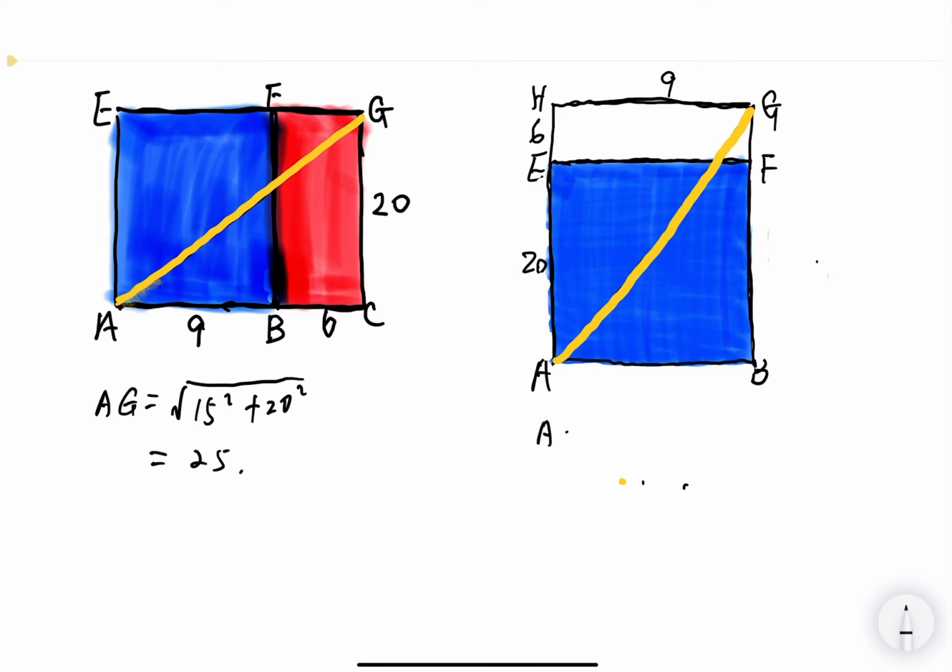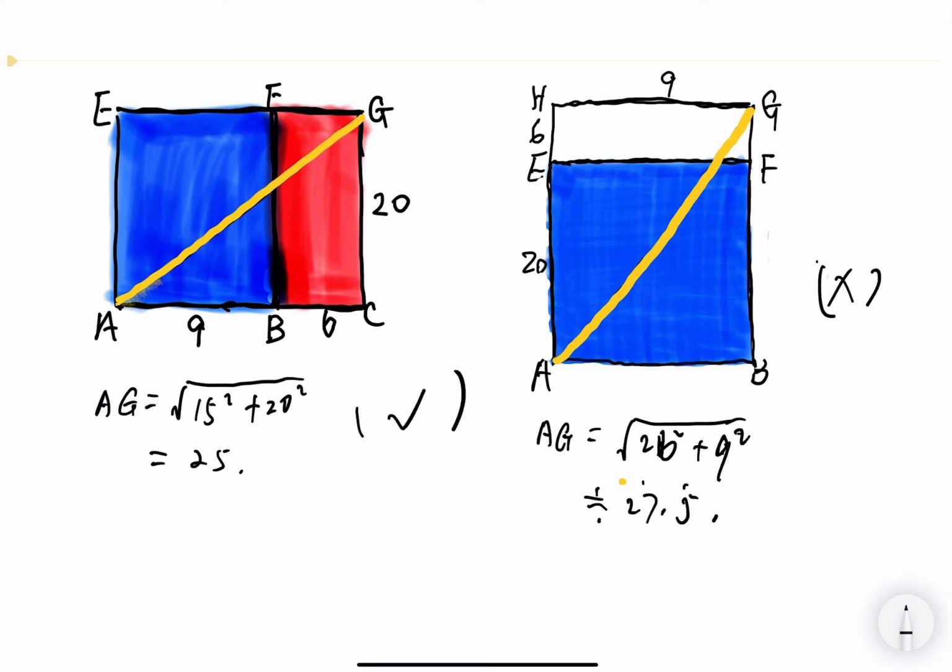Or here AG could be equal to the square root of 26 squared plus 9 squared, which is approximately 27.5. So this is not a good one. This one looks good, 25. So that's the shortest distance.